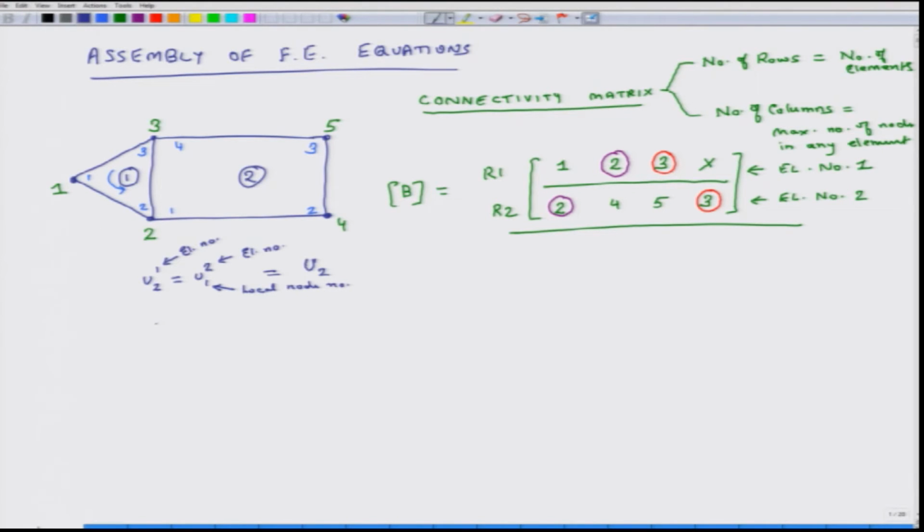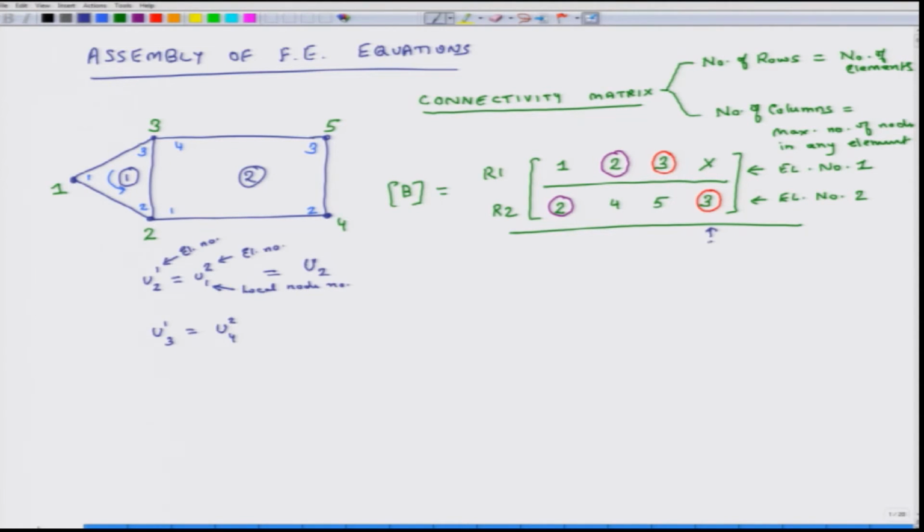Similarly, it also says that for the first element, the third degree of freedom, which is U13, is equal to, for the second element, the fourth degree of freedom, U24, right.